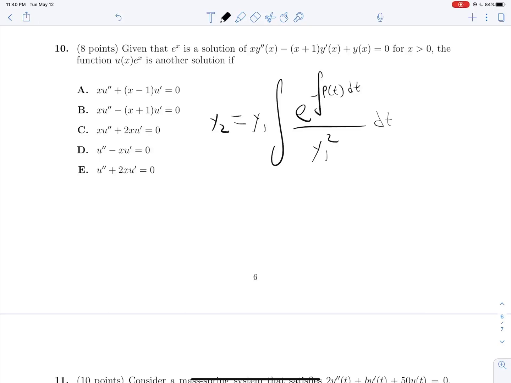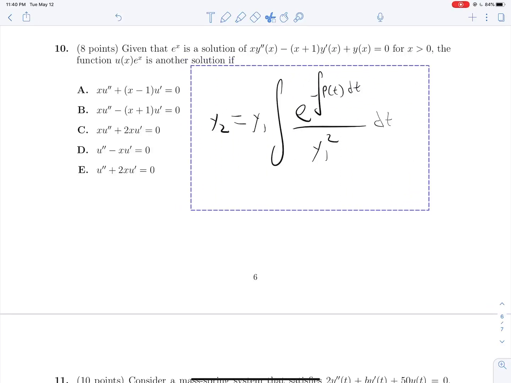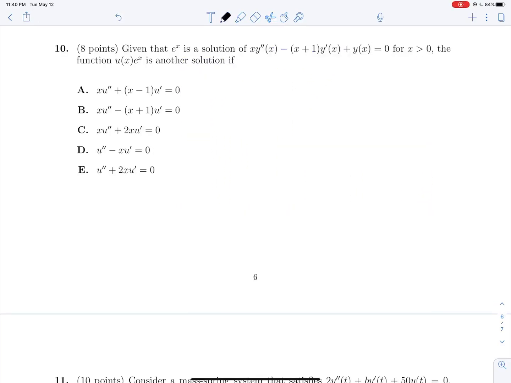And believe me, this thing is much easier to remember than what we were about to do, because the substitution that you end up doing here is not fun at all, and so we are not going to do it. We're going to write out the general form of an equation that we can apply reduction of order to, and then the general form of what we get after that substitution.